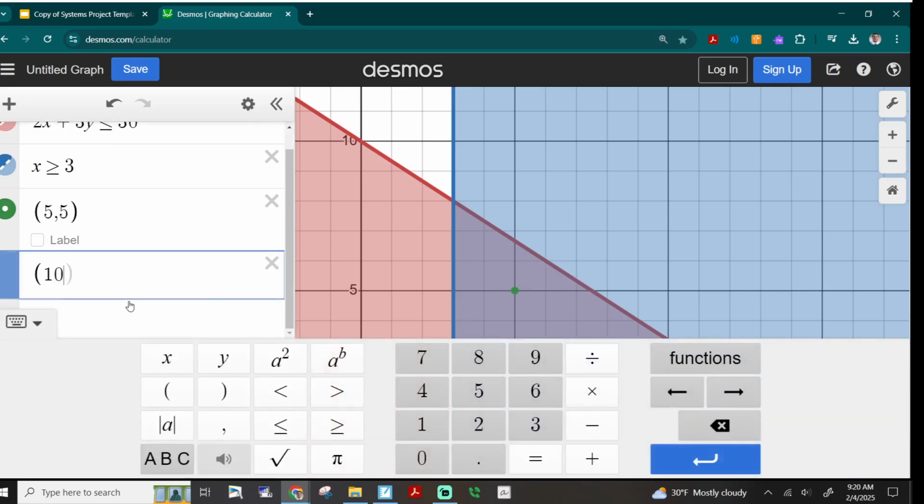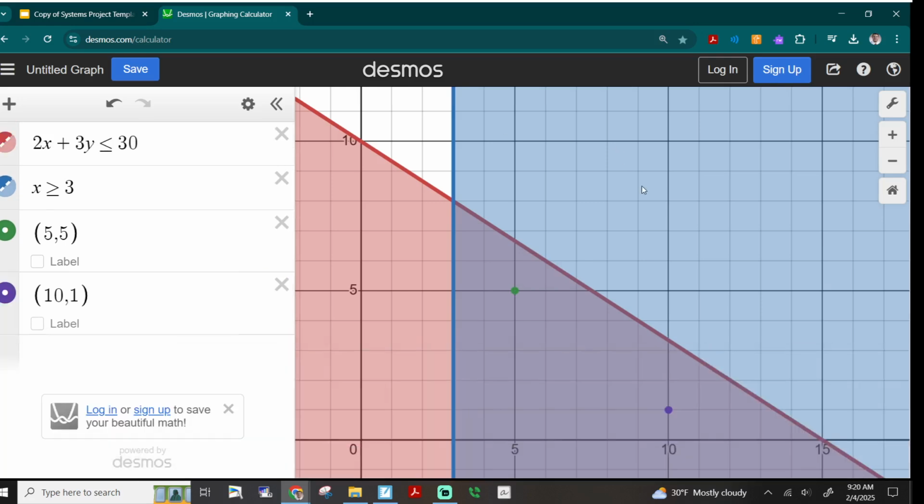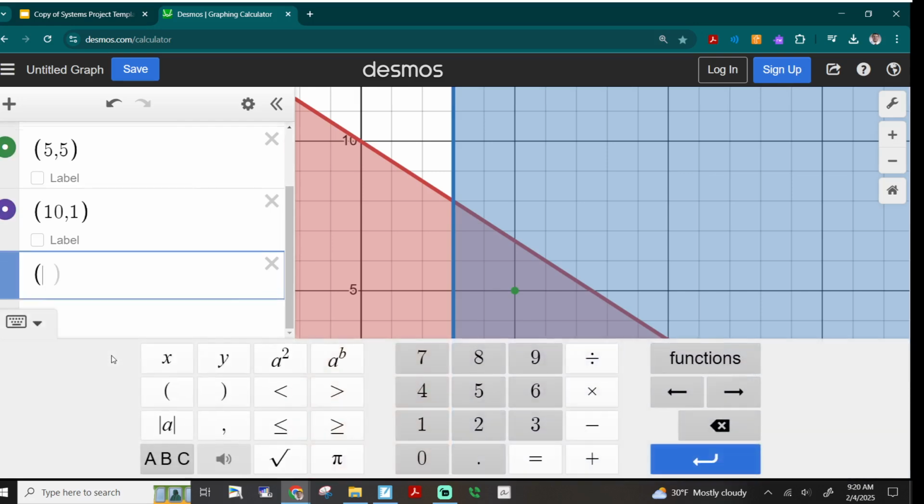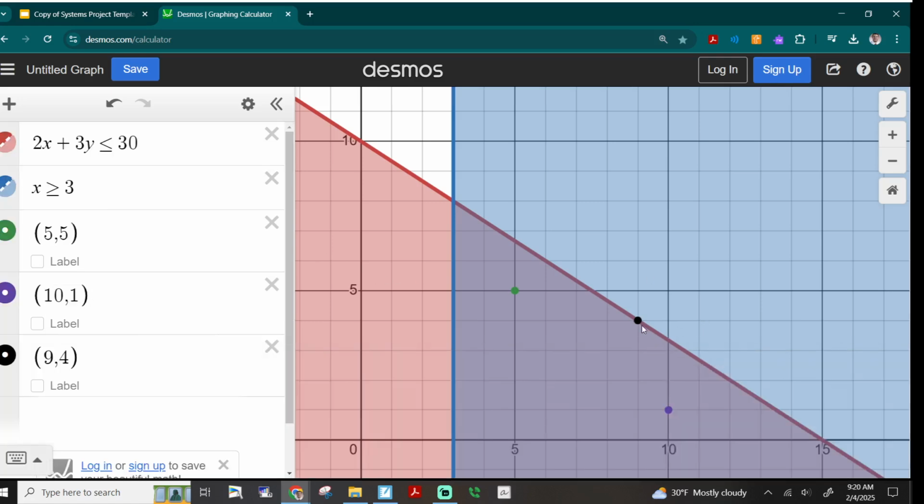The point 10, 1 is in both the blue and the red. The point 9, 4 is on a solid line, so it counts as being on red, and it's also in my blue. So here are 3 possible examples.